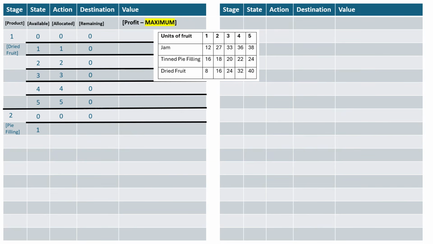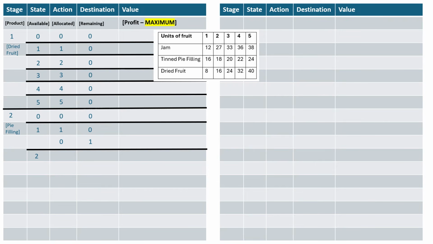If there is 1 unit left, then we start having a few options. I could allocate that 1 unit to pie filling and have nothing left, or I could keep that, so give nothing to pie filling and leave 1 left over, which can go to dried fruit. That's my only 2 options within that state.